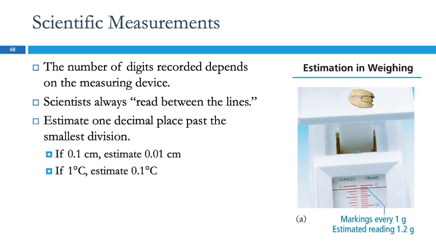It's 0.01, the hundredths, right? A thermometer with 1 degree lines. The next decimal place is 0.1. That's where the estimation is. There's no uncertainty to the nearest degree because it's on this line or it's between these 2 lines. There's no uncertainty about that. Nobody's going to argue about it. Does that make sense?